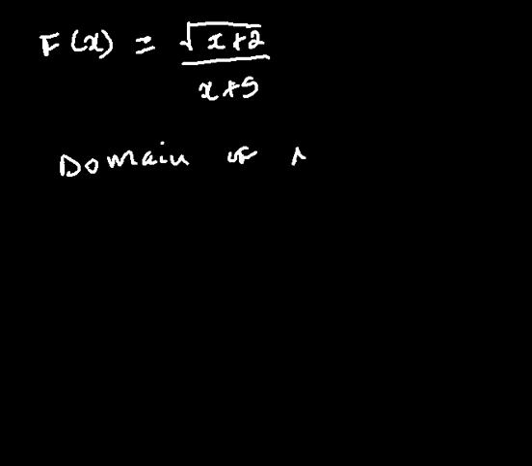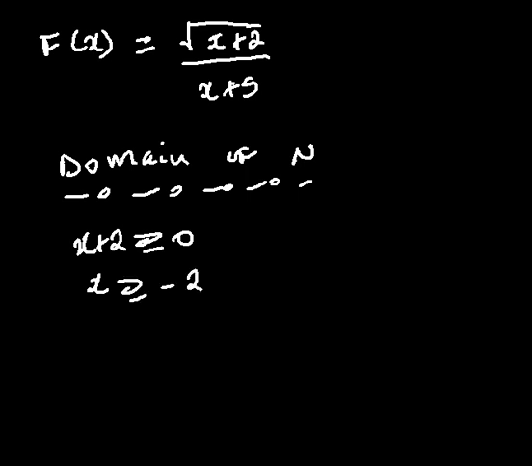Domain of the numerator. What is the numerator? We have the square root of x plus 2. And what is the principle behind it? x plus 2 should be greater than or equal to 0. And hence x would be greater than or equal to negative 2.